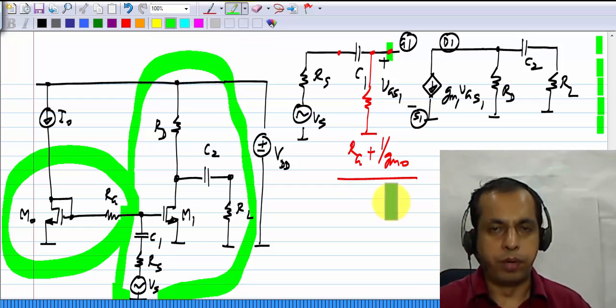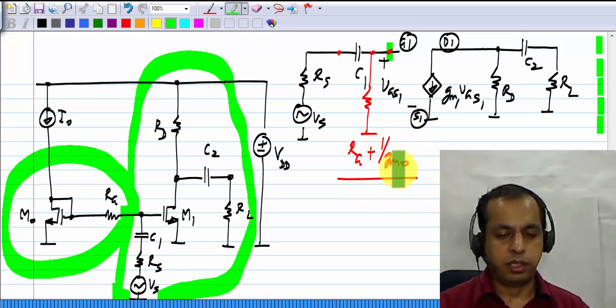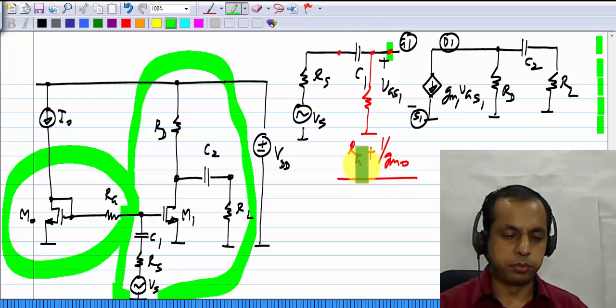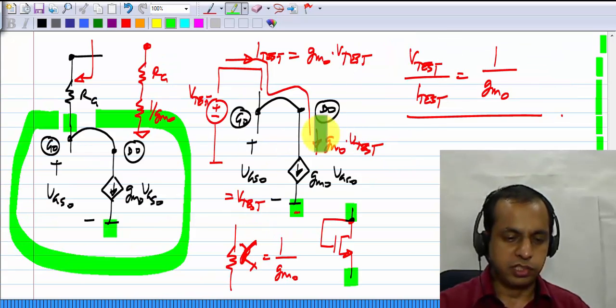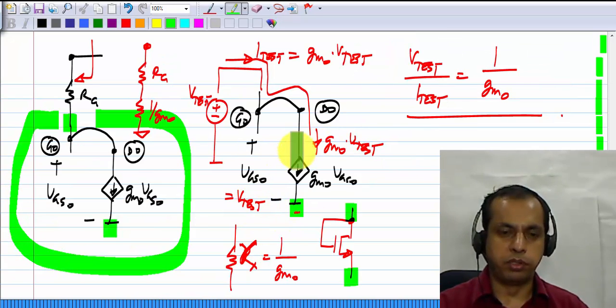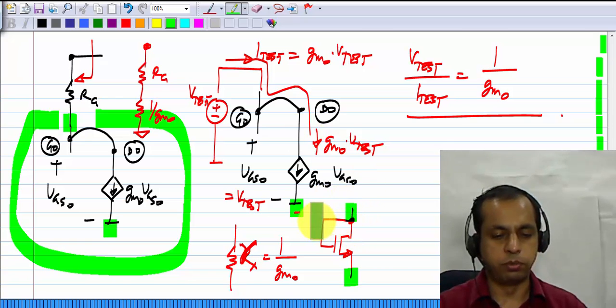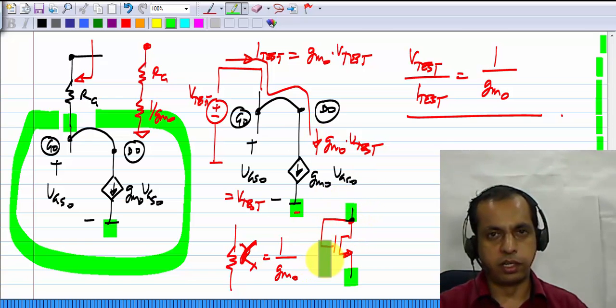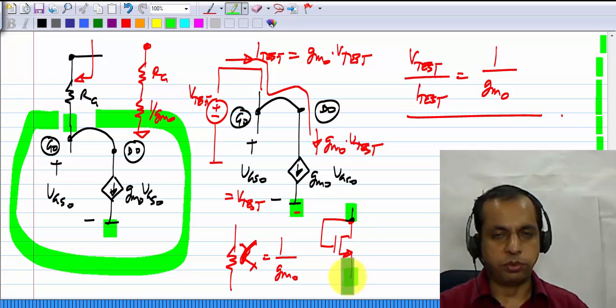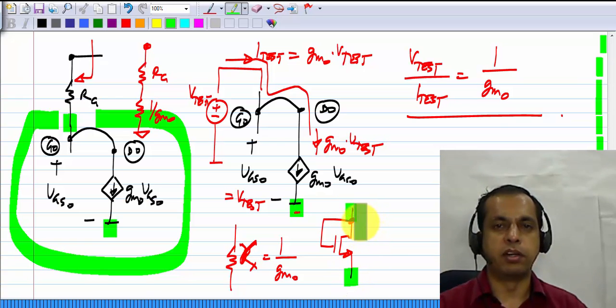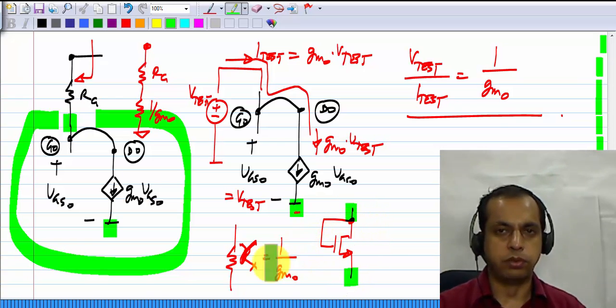Now in a practical common source amplifier, this 1 by gm0 is likely to be much smaller than RG, so it can be neglected. But still, this result itself is useful to remember because you will encounter this in many other situations. When you have a transistor in saturation with its gate connected to the drain, between these two terminals you will see an incremental resistance which is 1 over gm0.